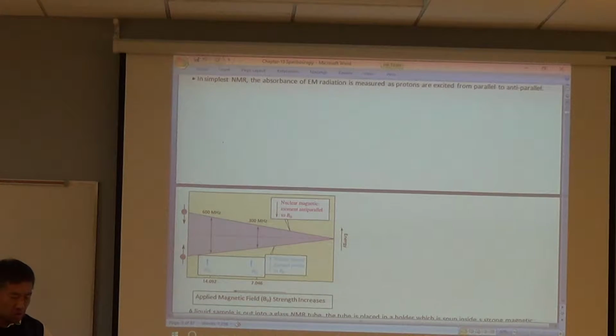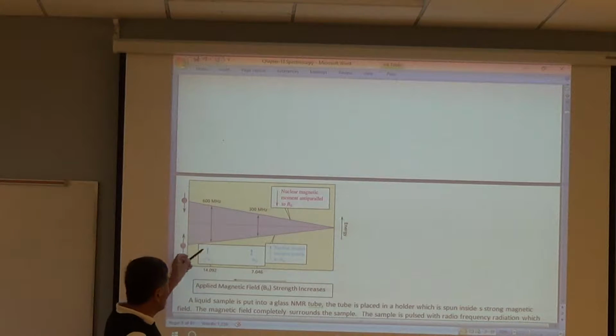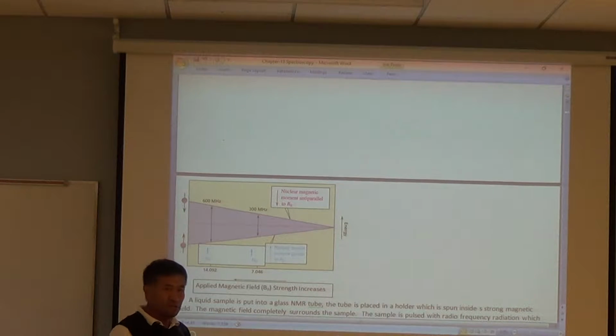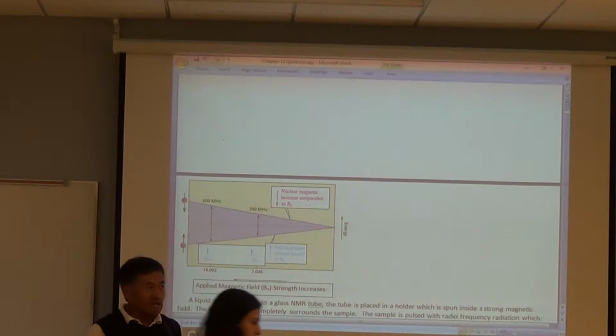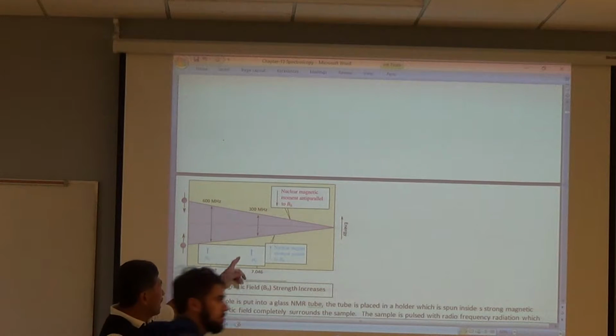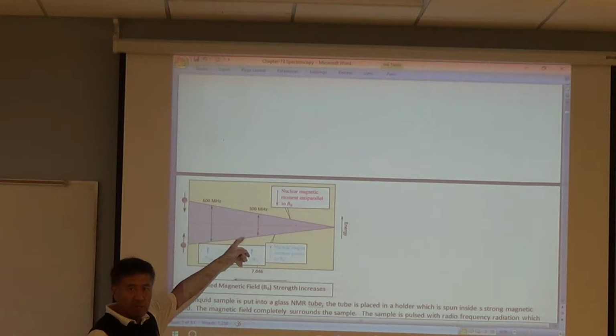I switched the diagram, so the picture is opposite to the textbook. This gap is the energy difference between the protons that line up with the external field and those that do not.